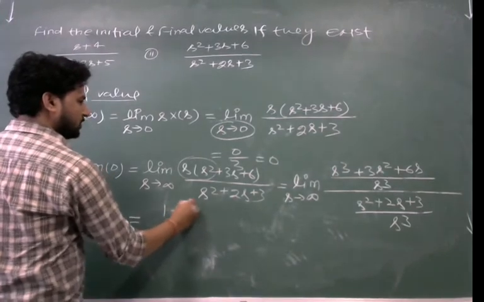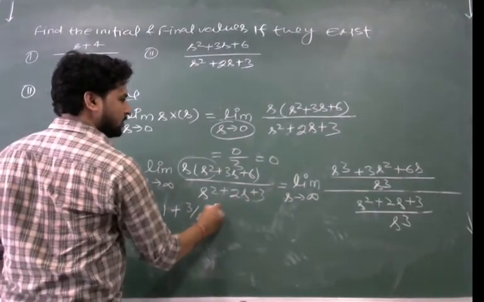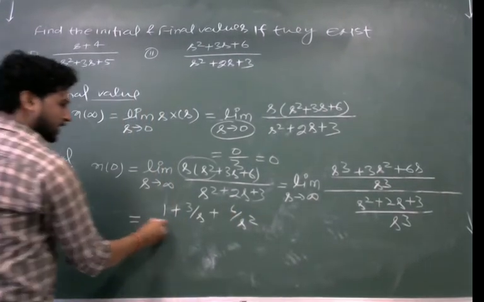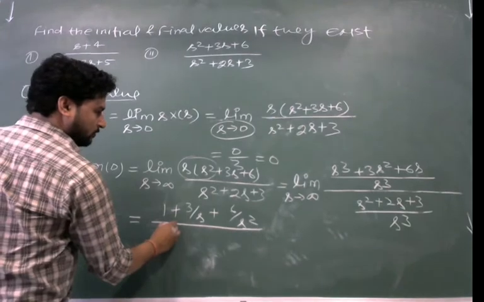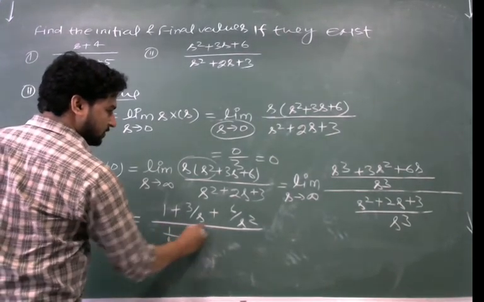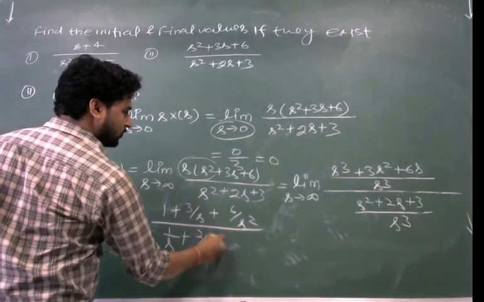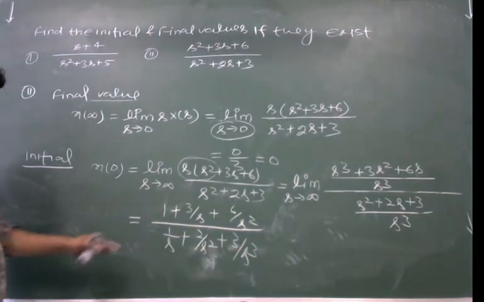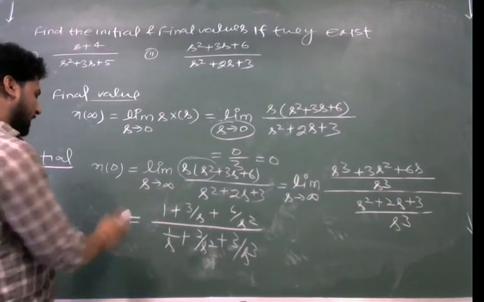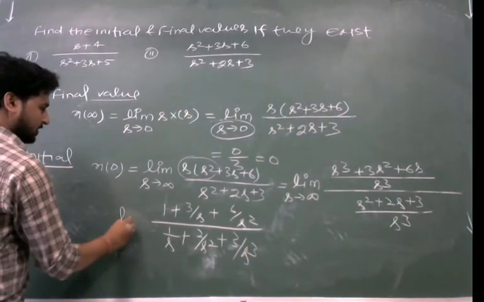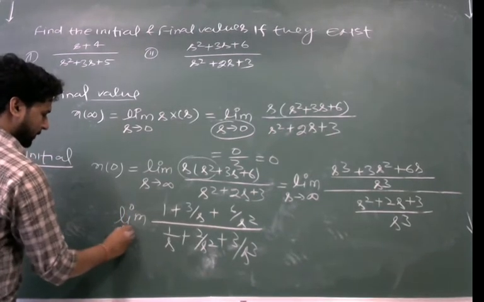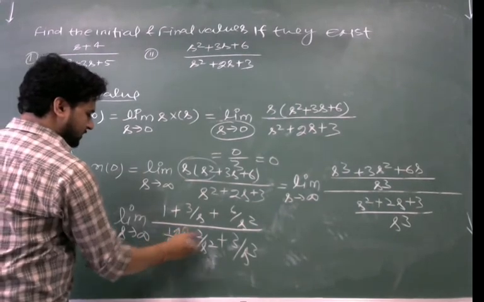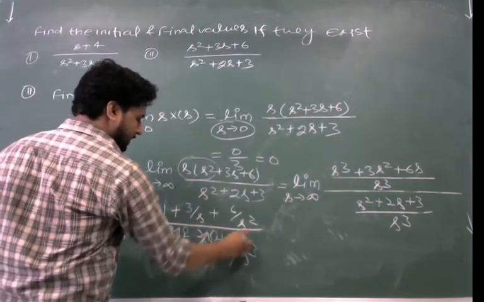This will become equal to 1 plus 3 by s plus 6 by s square, divided by 1 by s plus 2 by s square plus 3 by s cube. When I put s equal to infinity, this will become 0, this will become 0, and this will also become 0.